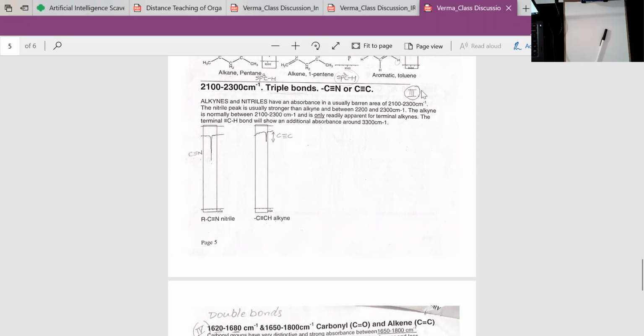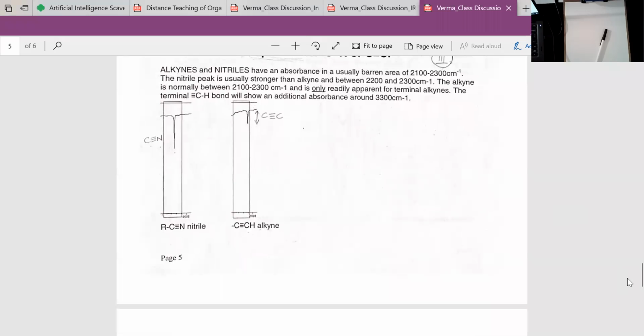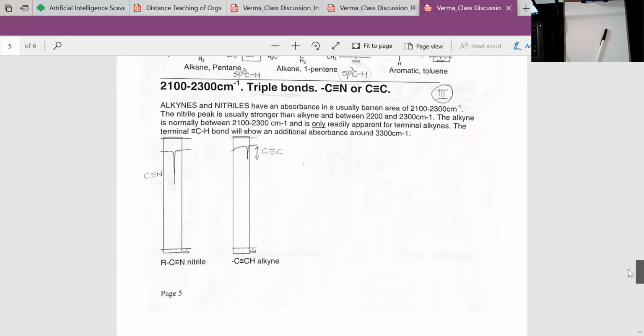When we come to our third region, which is the triple bonds, there are two triple bonds that we have usually seen, the C triple bonded N and the C triple bonded C. If you just look at this bond versus this bond, we can easily see this has more polarity on it.